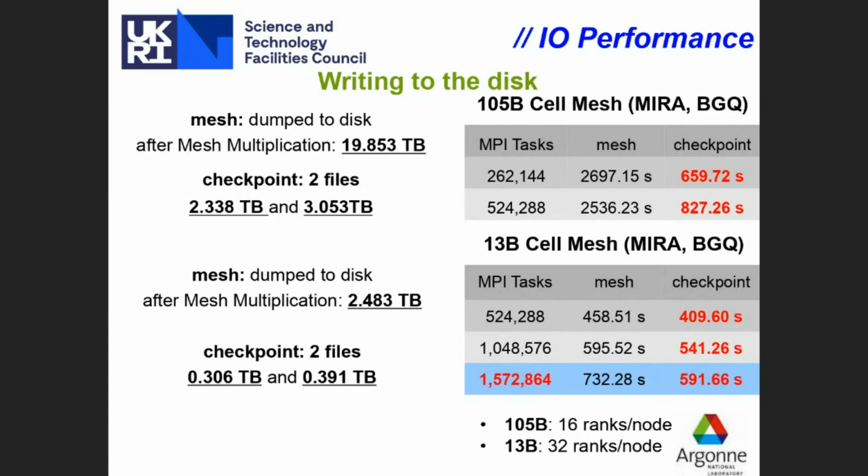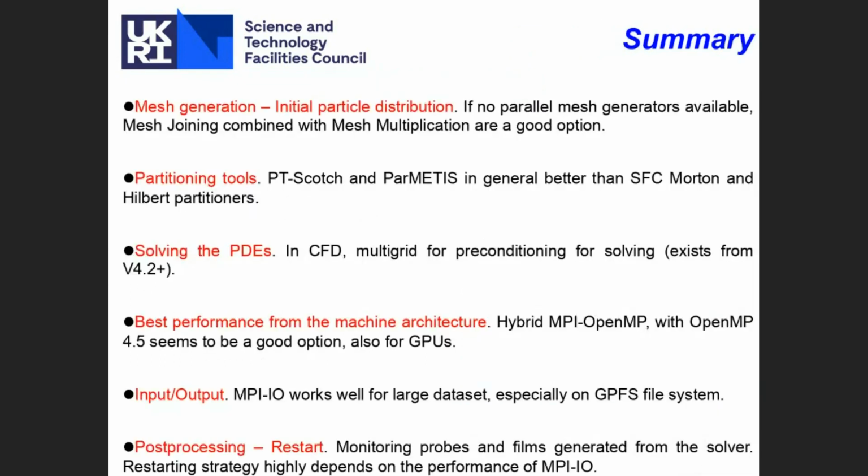This has also been tested on the full machine using 32 ranks per node in the case of the 13 billion cells. But okay, this is difficult, but this is doable. Let's put it that way.